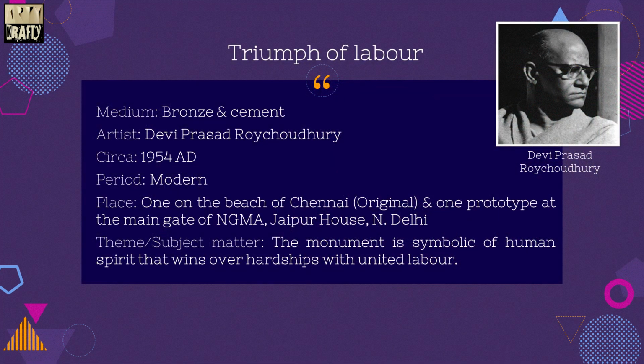Triumph of Labor. Medium, bronze and cement. Artist Devi Prasad Choudhury. It was created in 1954 AD, period modern. Place: one on the beach of Chennai and one prototype at the main gate of NGMA Jaipur House, New Delhi.